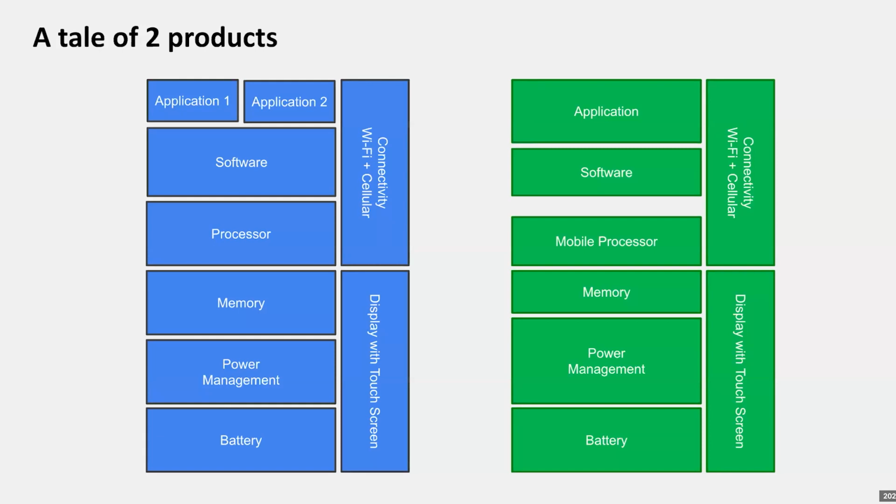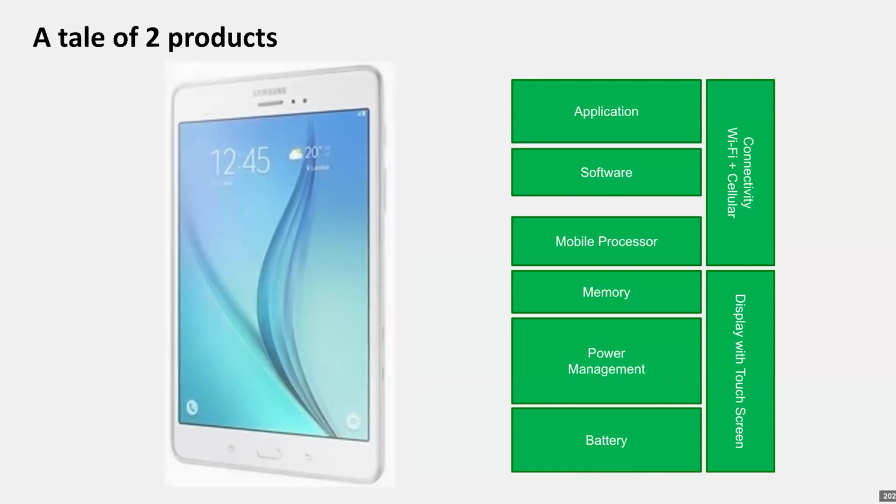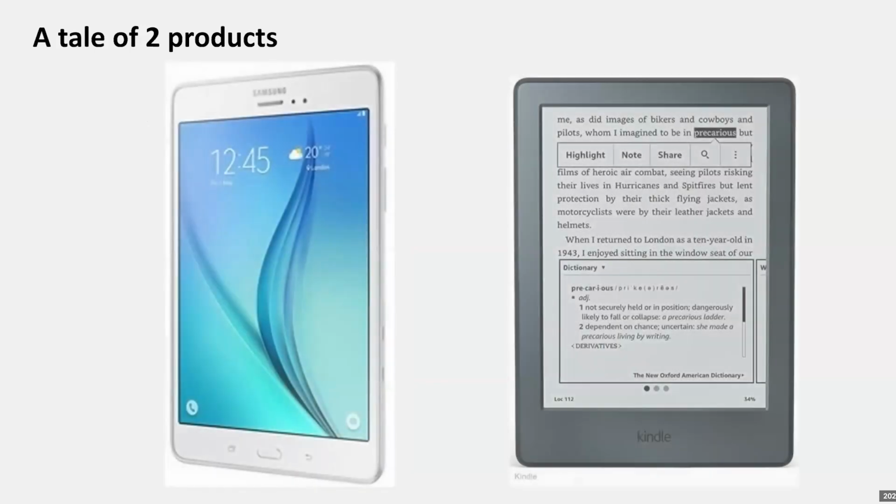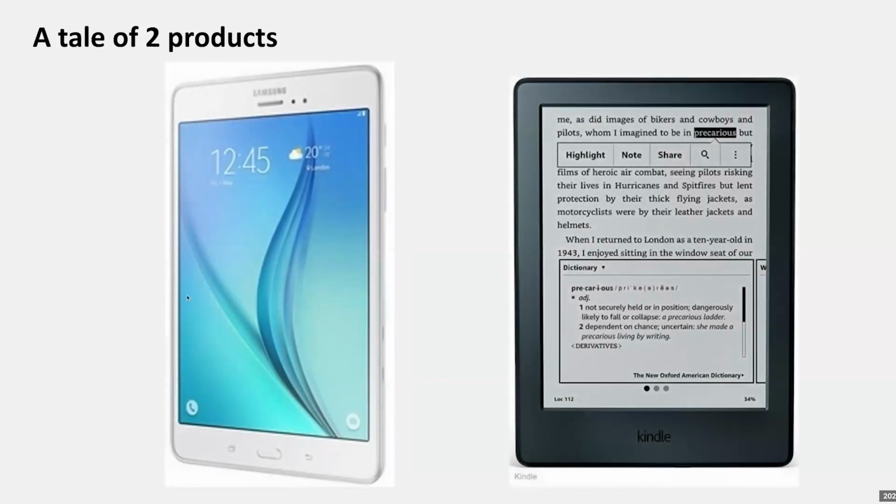All right, so let's end the suspense and flip the pictures and see what are these two products that I'm talking about. So the first one on the left is a Samsung Galaxy tablet. I think it's called Samsung Galaxy Tab 8 or something. It was launched maybe a year after the iPad was launched.